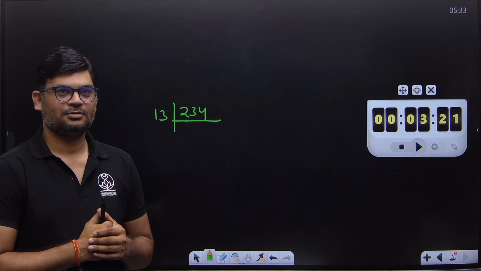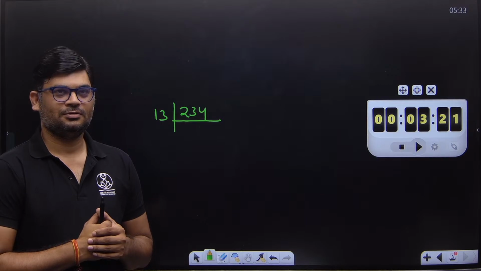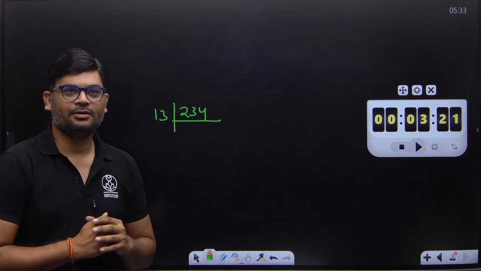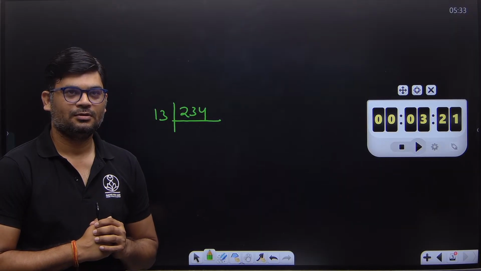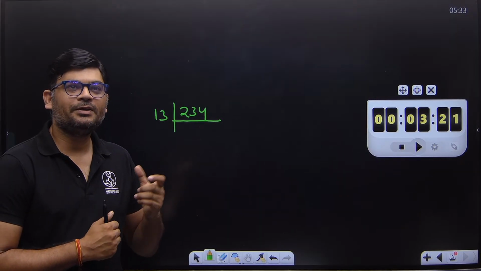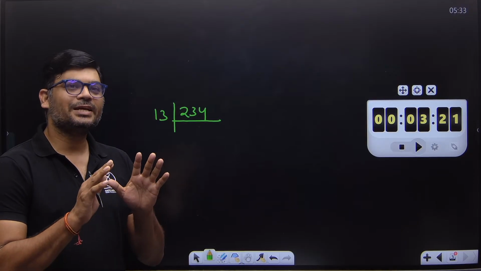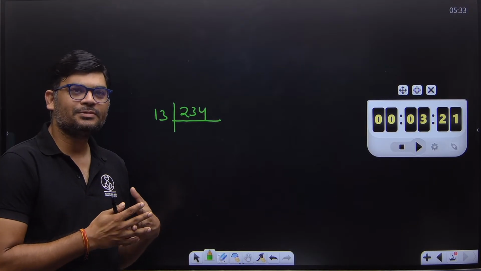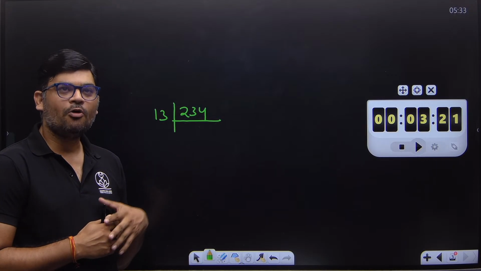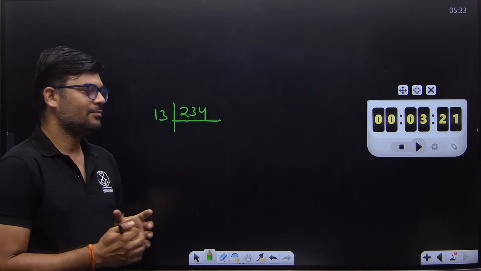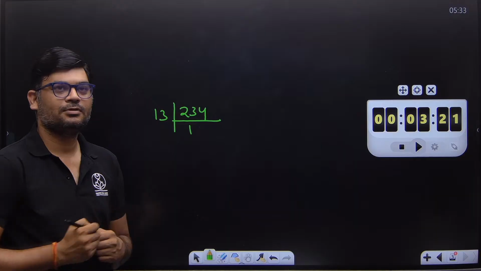Can 2 be divided by 13? No. Can 23 be divided by 13? How many times can 13 go in 23? Once. So the first number is 1.